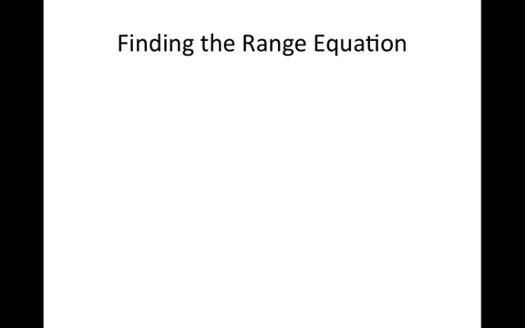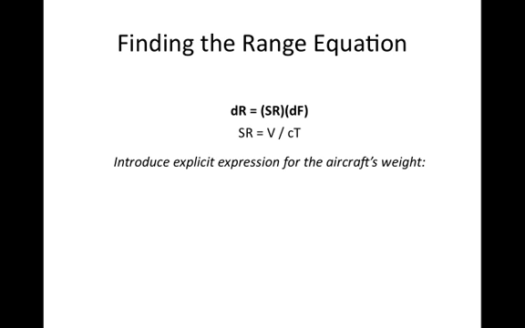So now we come to an expression of the aircraft's range, which is that the change in the range is equal to the specific range times the amount of fuel consumed, so the change in fuel. Since we already know what the specific range is, we're going to include an expression for the aircraft's weight through some algebraic manipulation. If you recall, the rate of fuel consumed is equal to the specific fuel consumption times the thrust.